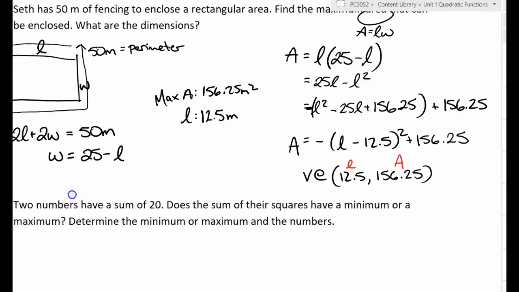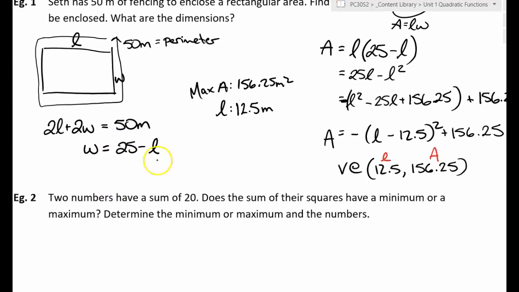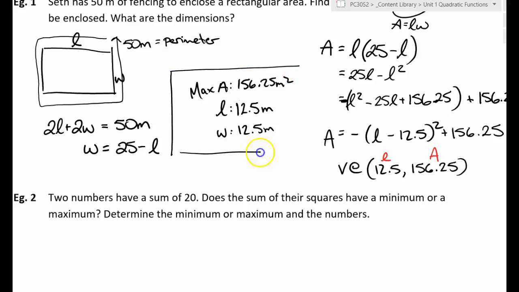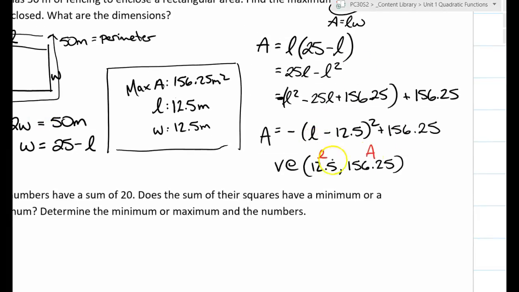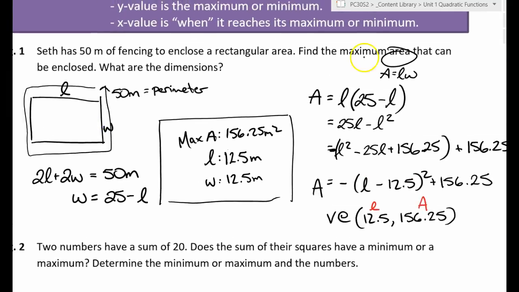And my width, I'm going to calculate by plugging that back in here, and it ends up being the same, 12.5 meters as well. There we go. Those are my answers. By completing the square, I was able to determine my vertex, which gave me my maximum. That's why vertex form is so incredibly helpful.